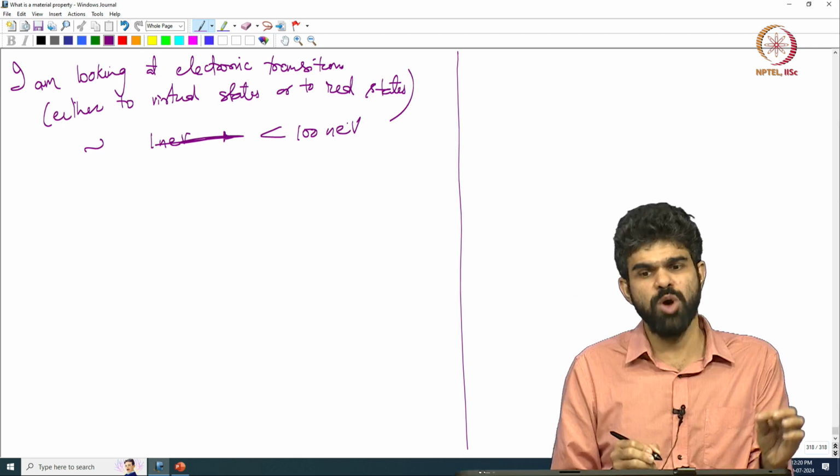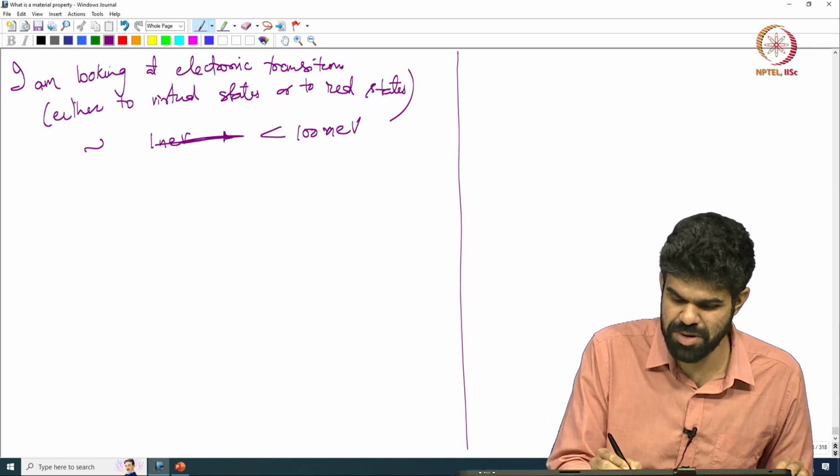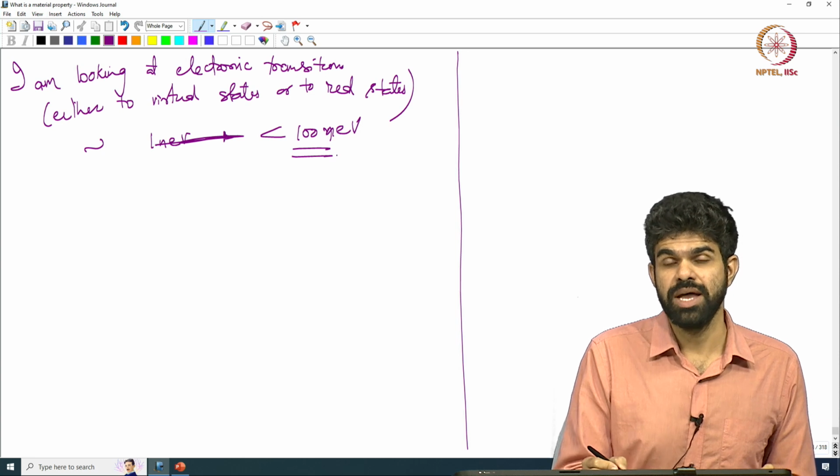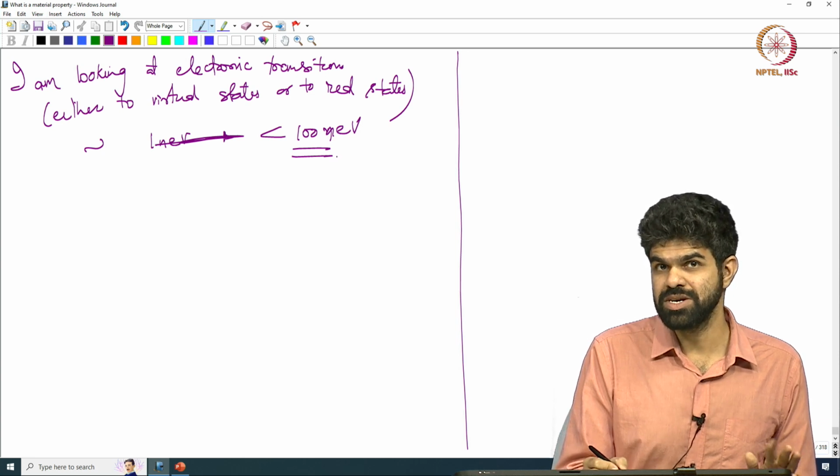So, it can be very small, but the maximum electronic transition range I am looking at is 100 nano electron volts. Now, what is room temperature?